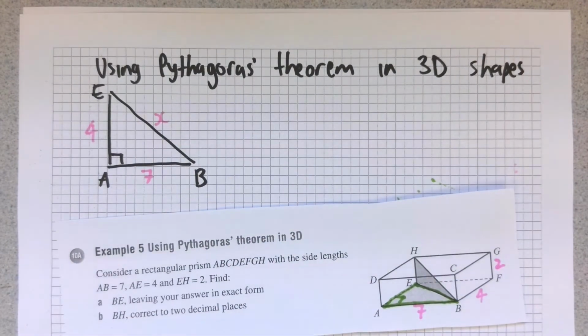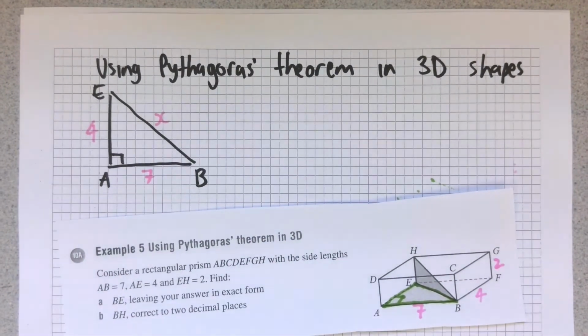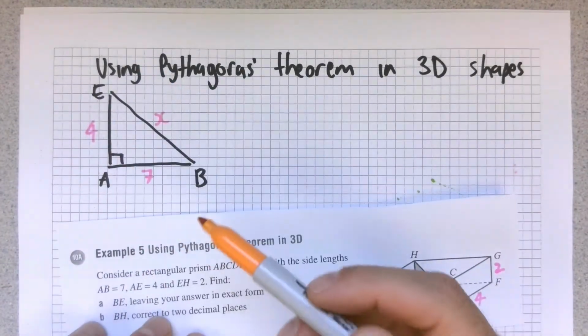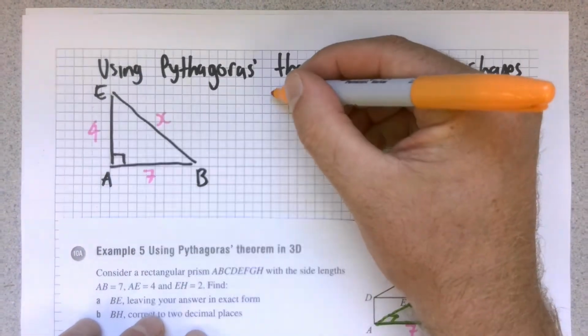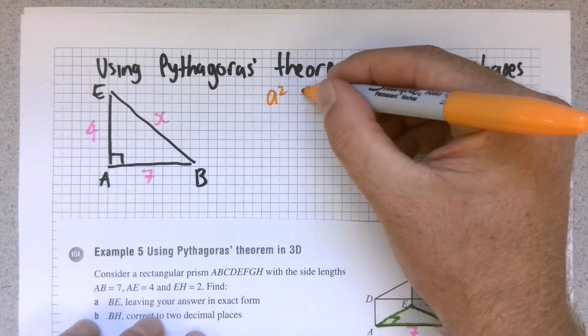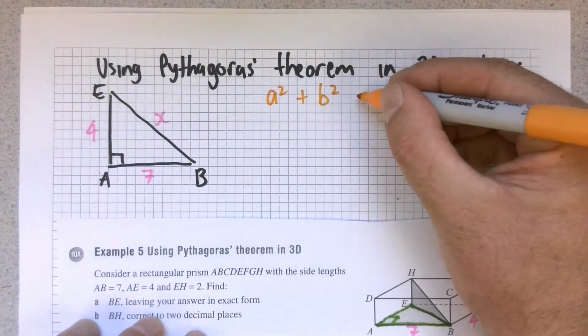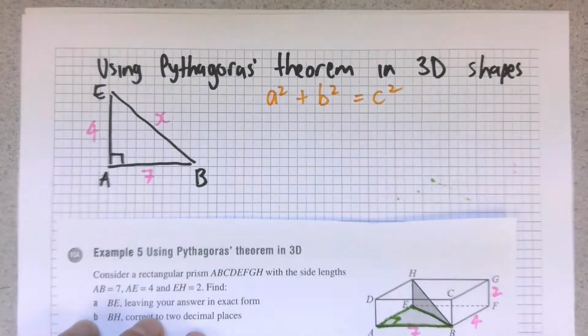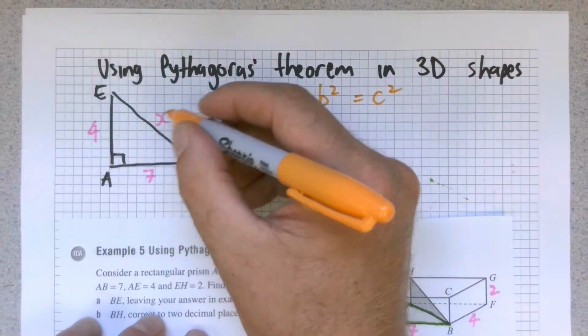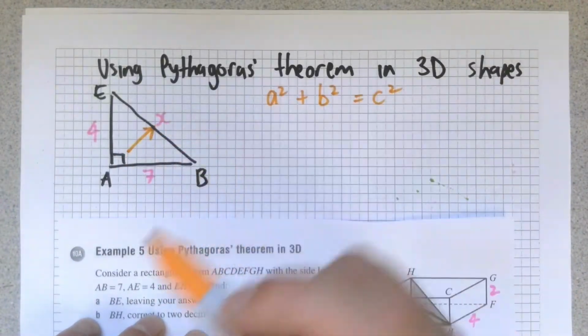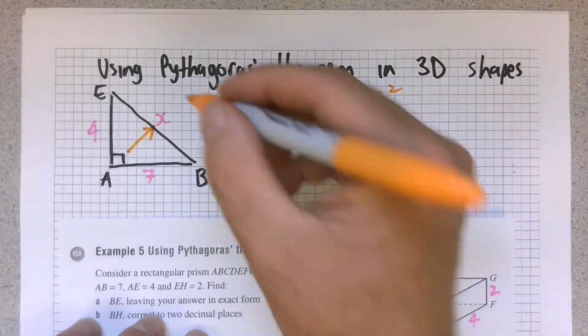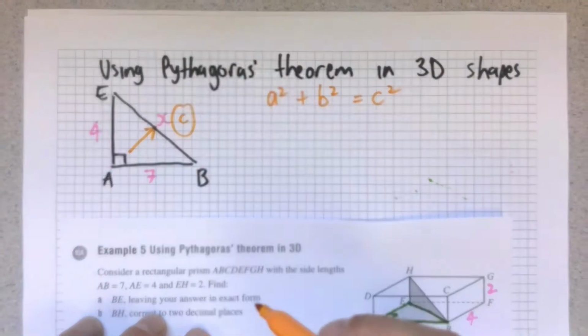If you remember back to my previous video, my first step, which is done, is to draw a right angle triangle, label the sides, then put in Pythagoras' theorem, which is a squared plus b squared equals c squared, and then label my triangle. The hypotenuse directly opposite the right angle is c, and a and b are the two shorter sides.